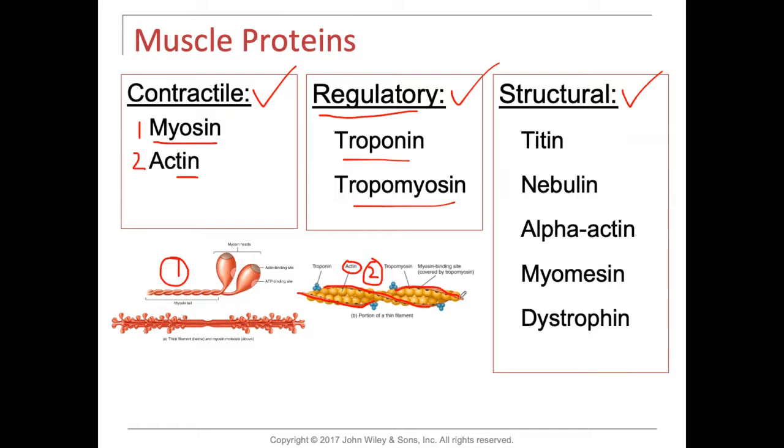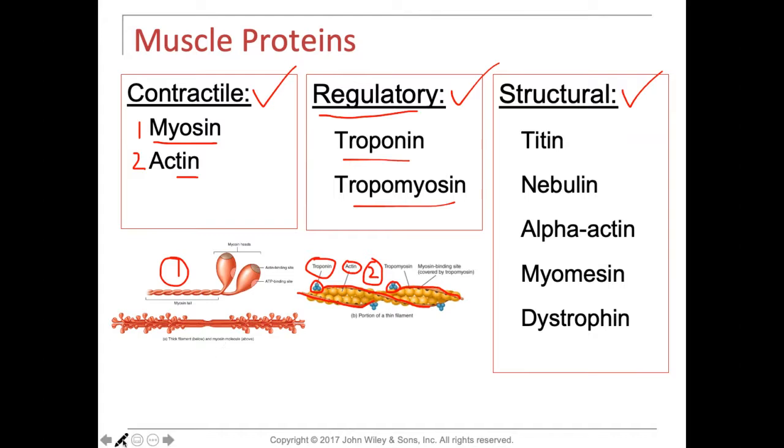So the red strings, that's tropomyosin. And then troponin are these bluish, like those three little circles. So I call troponin the staple that holds tropomyosin in place. Troponin is the cement or the glue or the staple that holds the strings, the tropomyosin, in place.